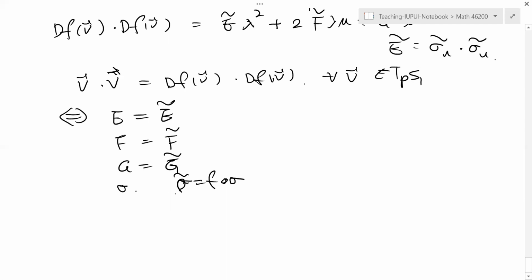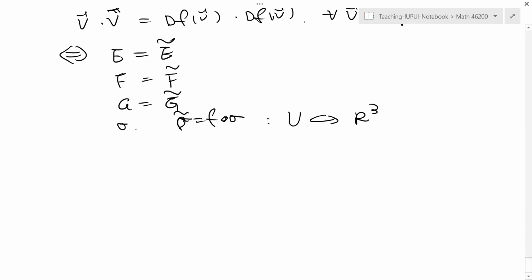Right now both surface patches are from U to R3, but for one the image is S1, for the other the image is S2. So we should take a look at the picture. Take a look at some examples.